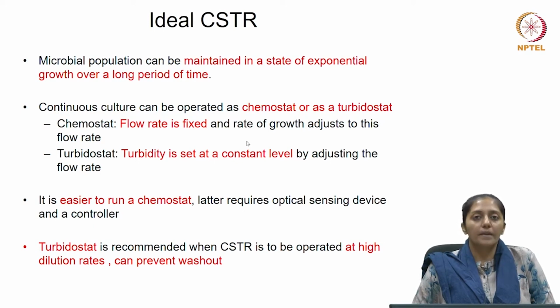This is more difficult to operate than a chemostat because then you need an inline device which can continuously monitor the turbidity, and we also need to ensure that the pumps are calibrated properly and are functioning properly throughout the fermentation process, because the flow rates will have to be manipulated in order to keep the turbidity constant.